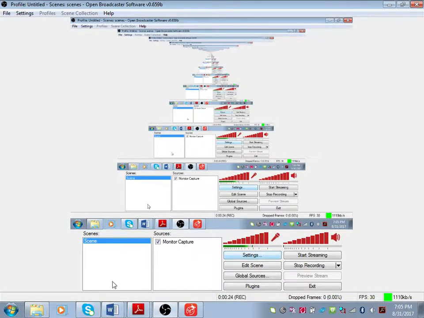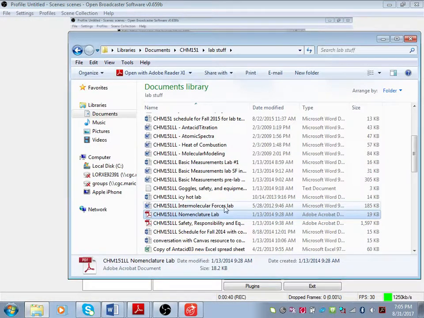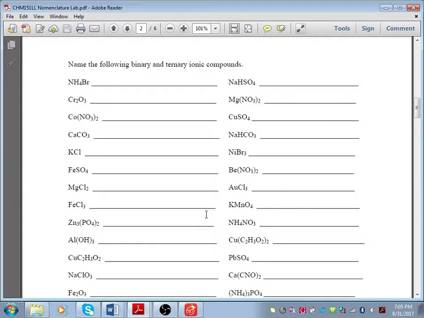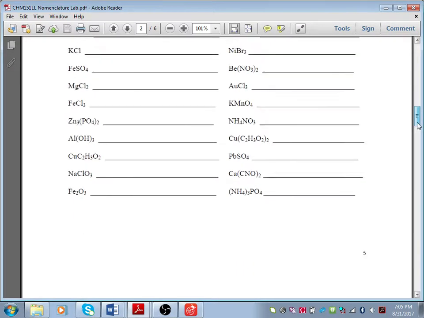Where is that lab? Doggone it. Where did I put that slide thing? I'll just open it. Okay, there we go. All right.